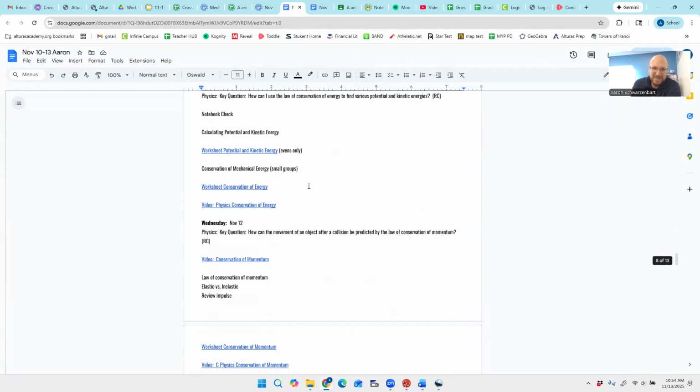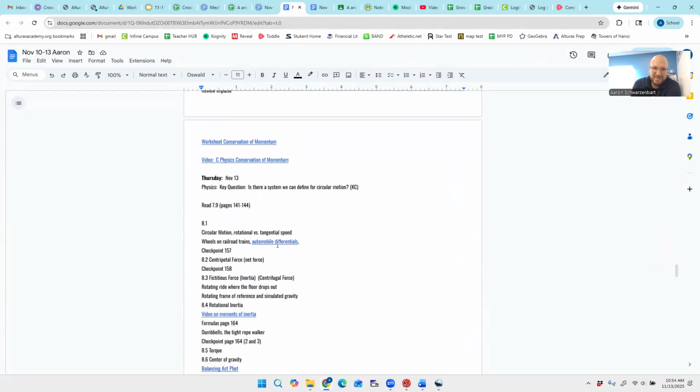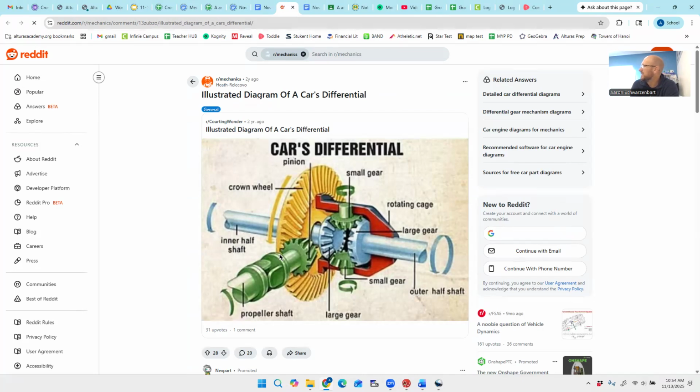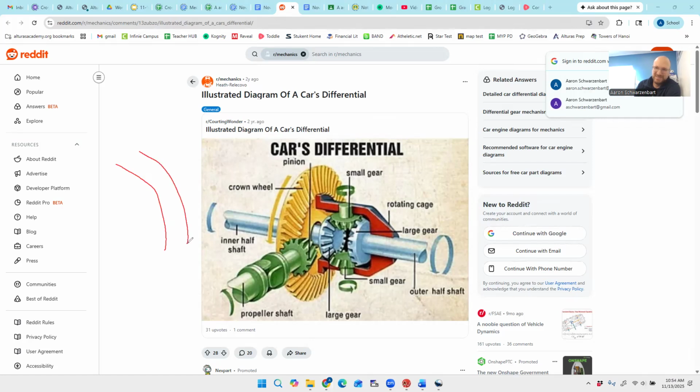No. They have to be able to go at a different speed because the outside of the corner is a further distance than the inside. Correct? Who's seen those big things on the back of a truck axle? You'll see the big thing, they call it the mushroom, in the middle of the axle. Inside of that is what's called a differential.